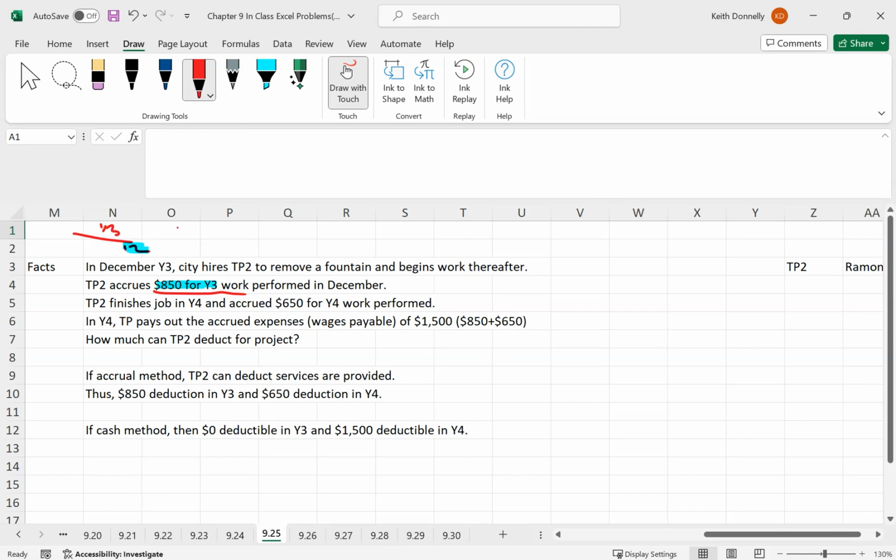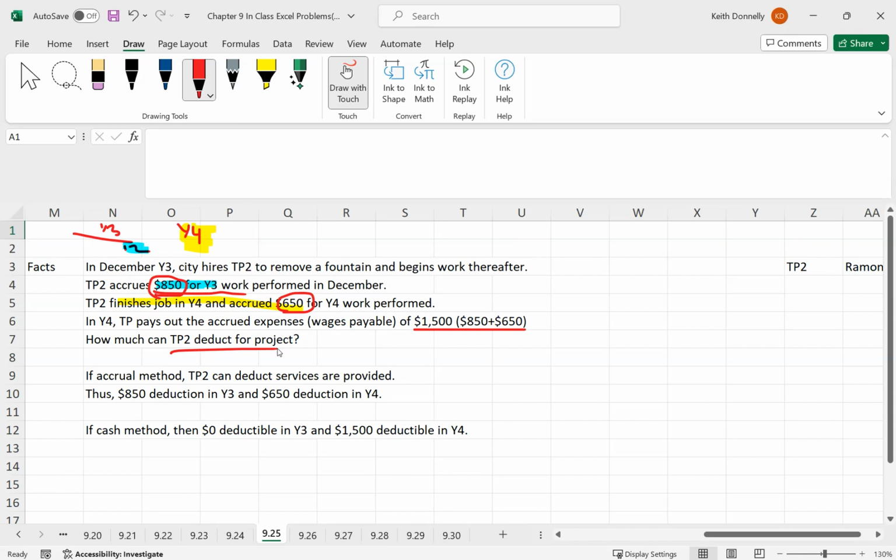So here's year 3, over here is year 4. They finish the job and accrue $650 for year 4 work. It says in year 4, taxpayer pays out the accrued expenses of $1,500. Right, so $850 plus the $650.